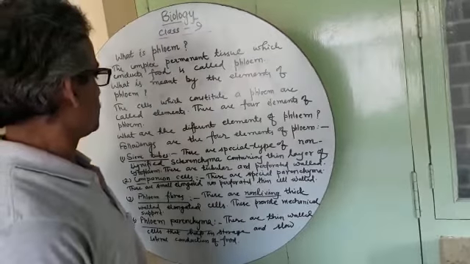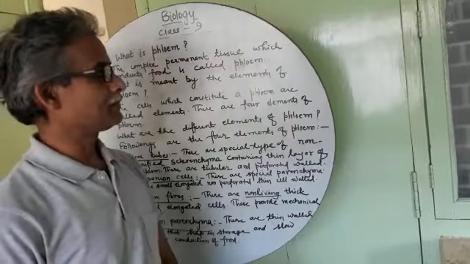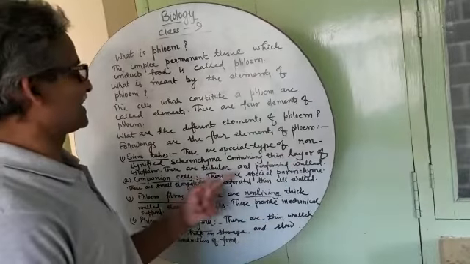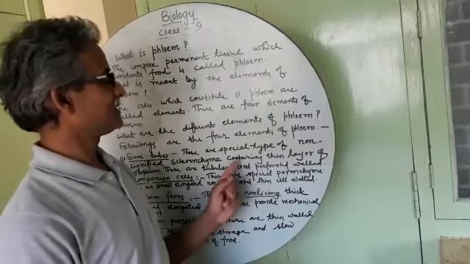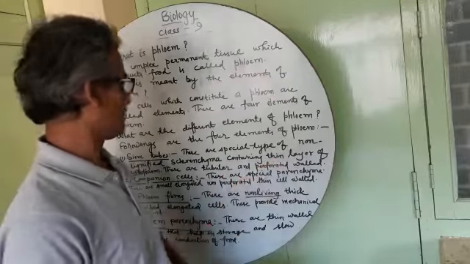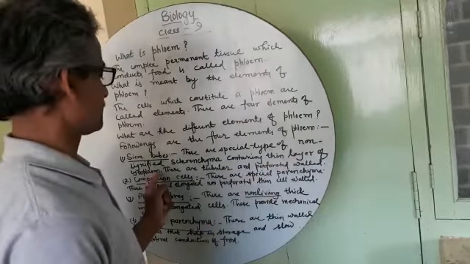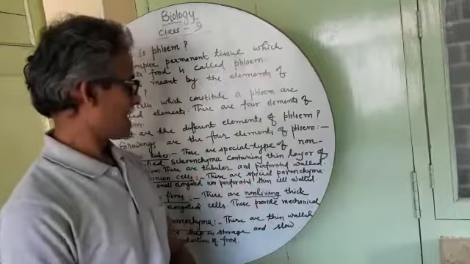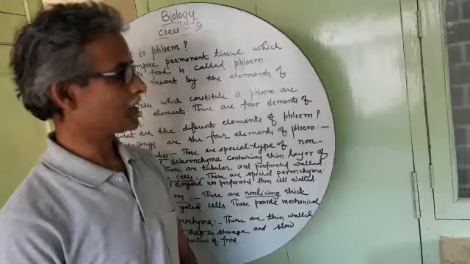Sieve tubes are the special type of non-lignified sclerenchyma containing thin layer of cytoplasm. These are tubular and perforated walled.